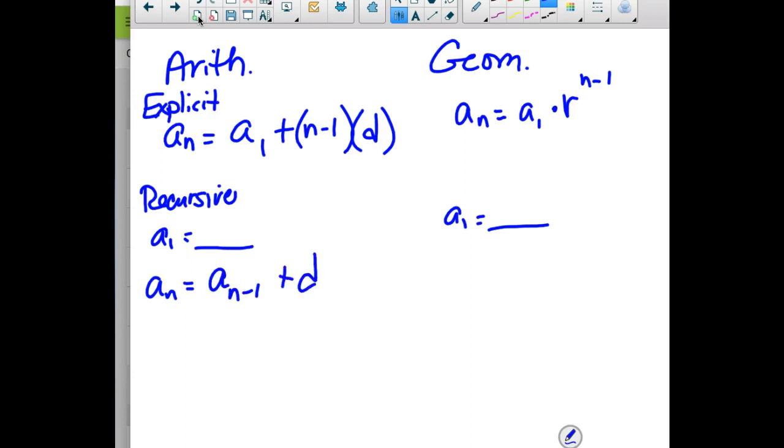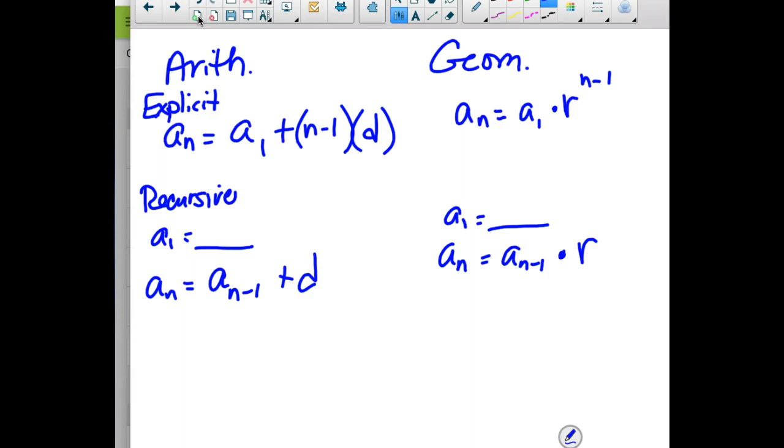Adding our common difference. Okay? Geometric, any term is found by taking the previous one and multiplying by our common ratio. Okay, so those are the formulas that help us find a specific term in our list, or they help us come up with that rule for the sequence.